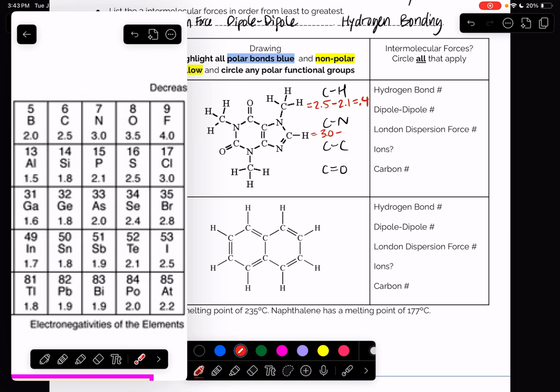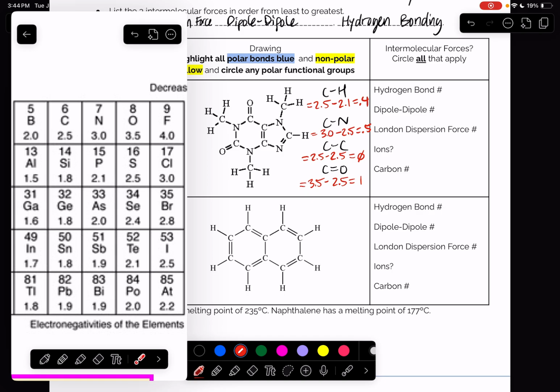And I'm going to subtract that from carbon, which is 2.5. It's going to be equal to 0.5. And then carbon and carbon bonded together, so that's going to be 2.5 minus 2.5, and that's going to be equal to 0. And then carbon and oxygen. Oxygen has a value of 3.5, subtracting that from 2.5, and then I should get 1 as my answer.